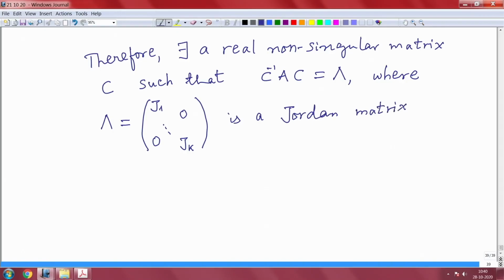So, this is called the Jordan decomposition theorem. Okay, so this is one of the important and very deep theorems of linear algebra.